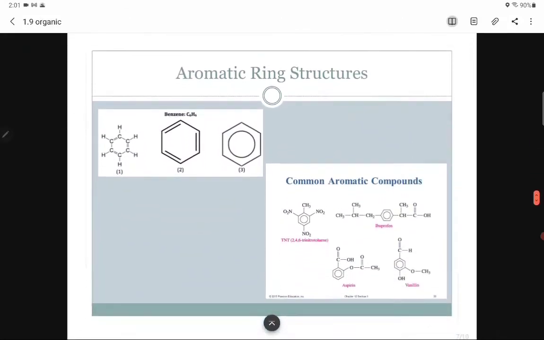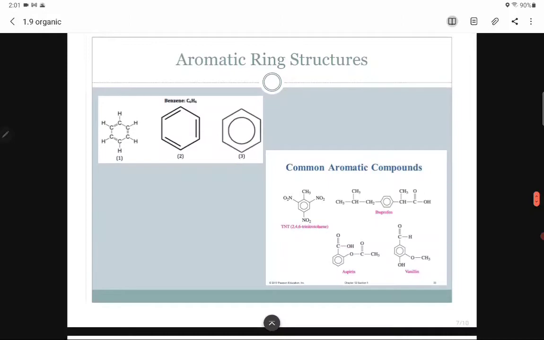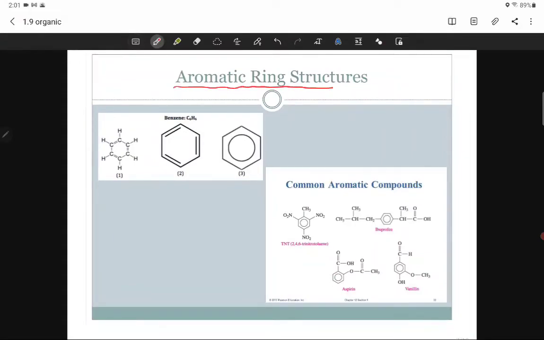Okay, so I think I mentioned this. We had a slide previously that had something called Aromatic Ring. You can do lots and lots of things with these. We are not doing lots and lots of things. This is as far as we're going to go. Here's a molecule that has a common name called benzene.